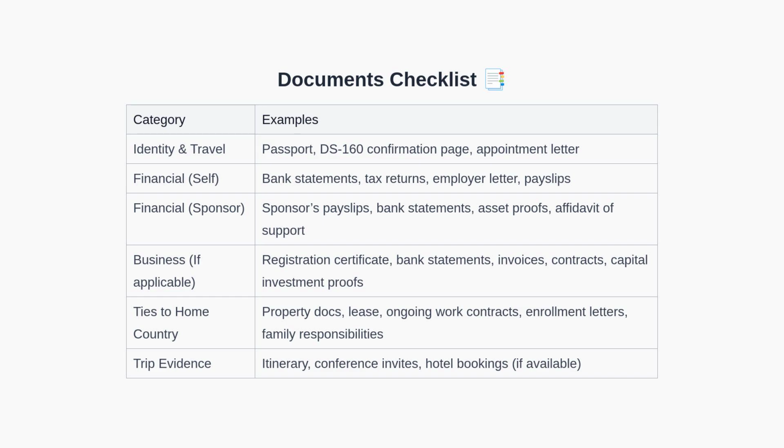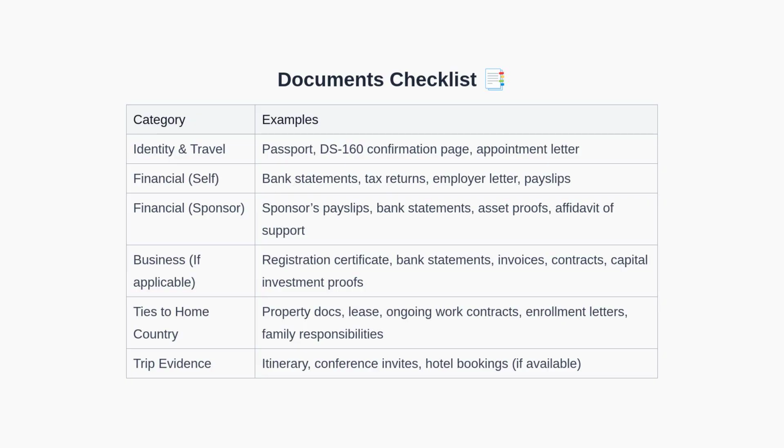For business owners, add registration certificates, bank statements, invoices, contracts, and capital investment evidence. To demonstrate ties to the home country, include property documents, leases, ongoing work contracts, academic enrollment letters, and family responsibility proofs. For the trip itself, include itineraries, conference invitations, and reservations when available.